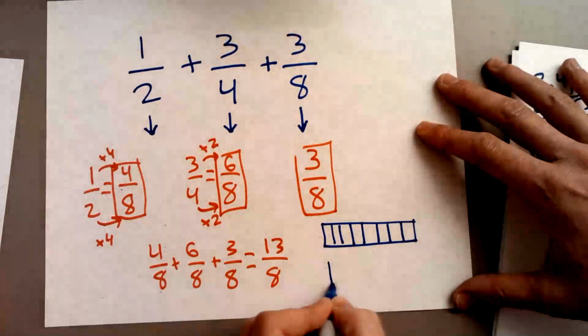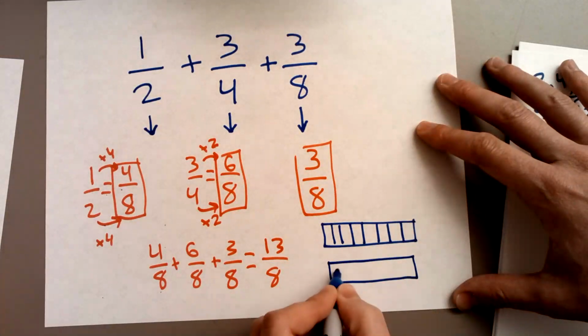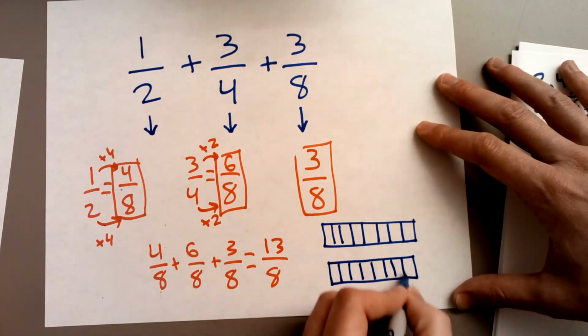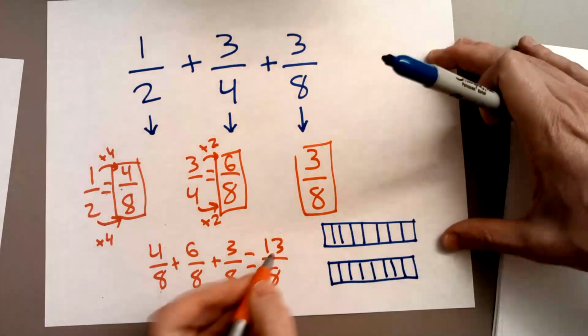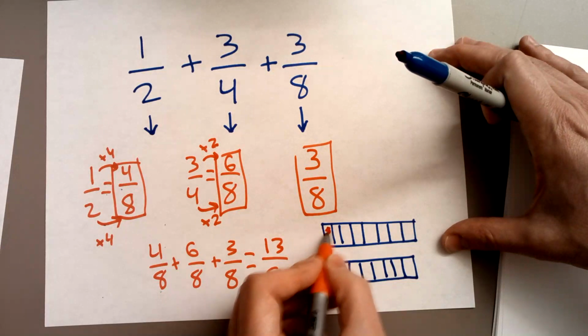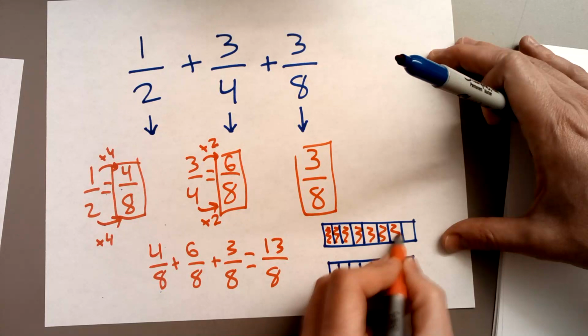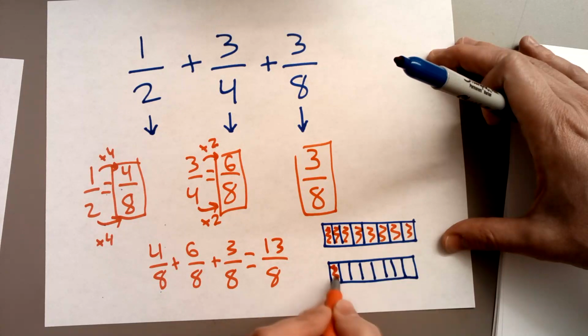So I'm going to need a second whole and split that also into 8 pieces. And then it says I have 13 of them, so let me shade in 13. 1, 2, 3, 4, 5, 6, 7, 8, 9, 10, 11, 12, 13.